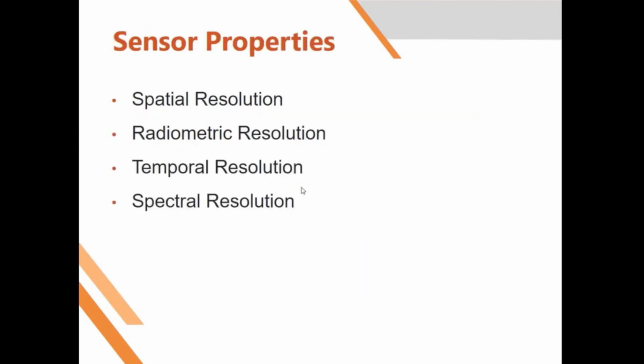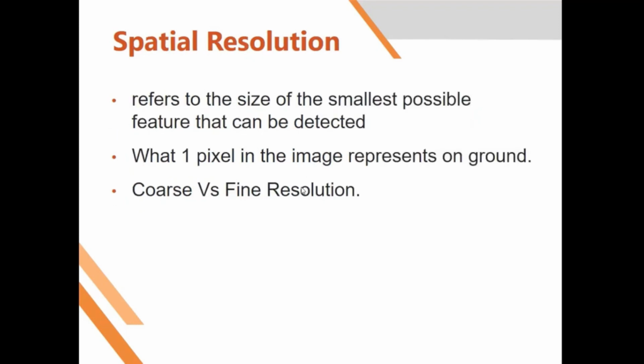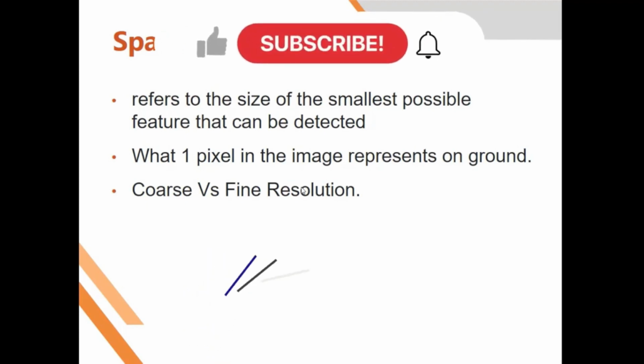So I want to look at the sensor properties. We have spatial, spectral, radiometric, and temporal resolution. Spatial resolution refers to the smallest possible feature that can be detected within satellite imagery. Actually, it is what is represented by one pixel on the ground.